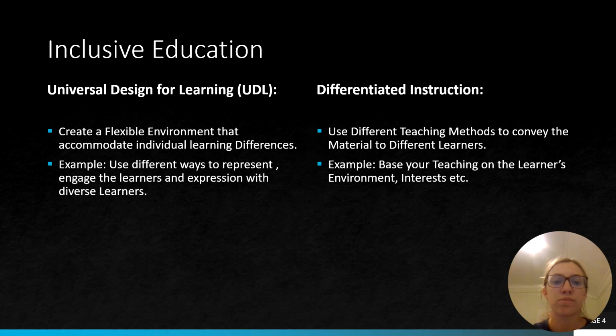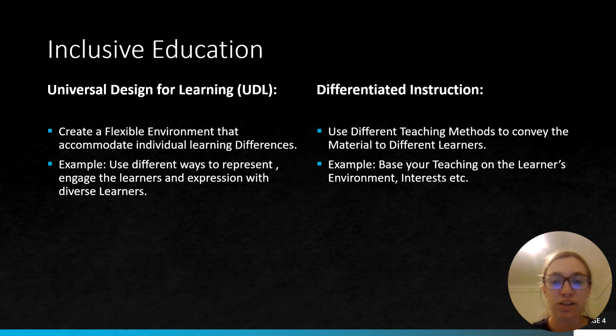So when it comes to the UDL, you basically make sure you have a flexible environment to help. For example, if you have a student that has a wheelchair, make sure you have enough space in your classroom for them to be able to move freely and not feel like they're obstructing anyone, or that they can just feel more free to come into class and go out of class, all of those things.